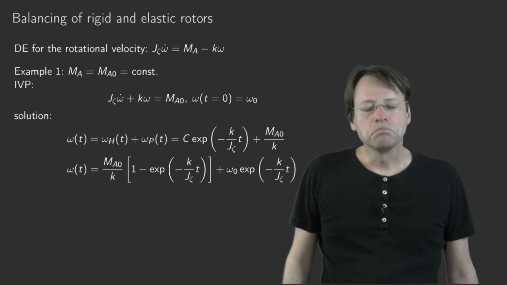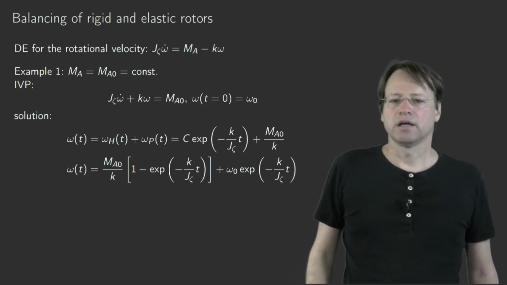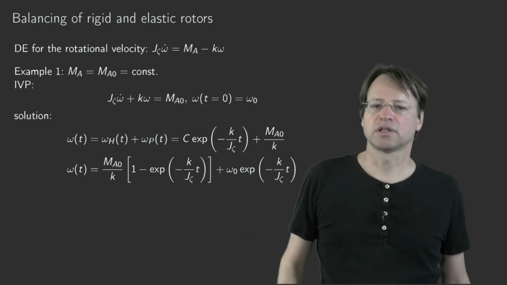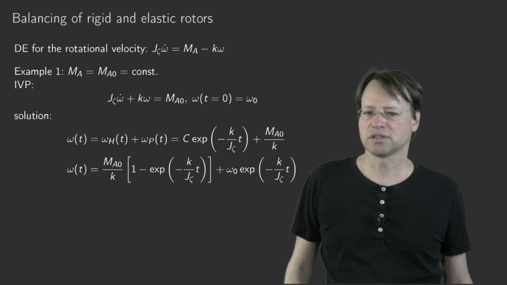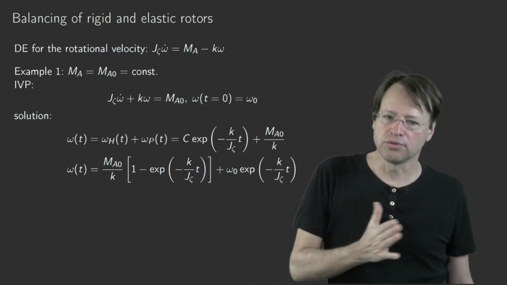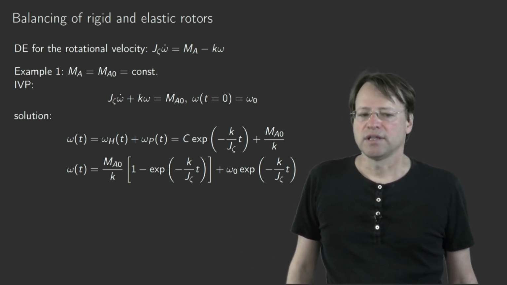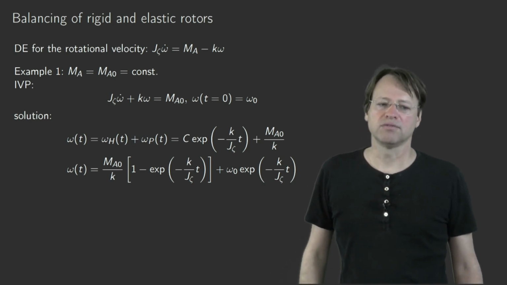That's nice because you see all these exponential terms here tend to 0 due to that negative sign, k and J_ζ being positive constants, exponentially fast if t increases, so very, very quickly. So finally we find the stationary rotational velocity to be equal to M_A0 divided by k.